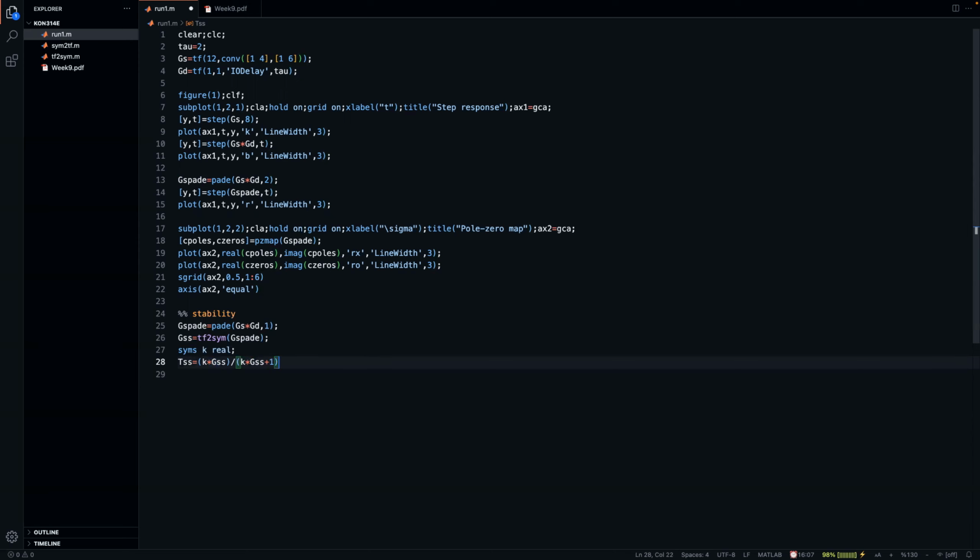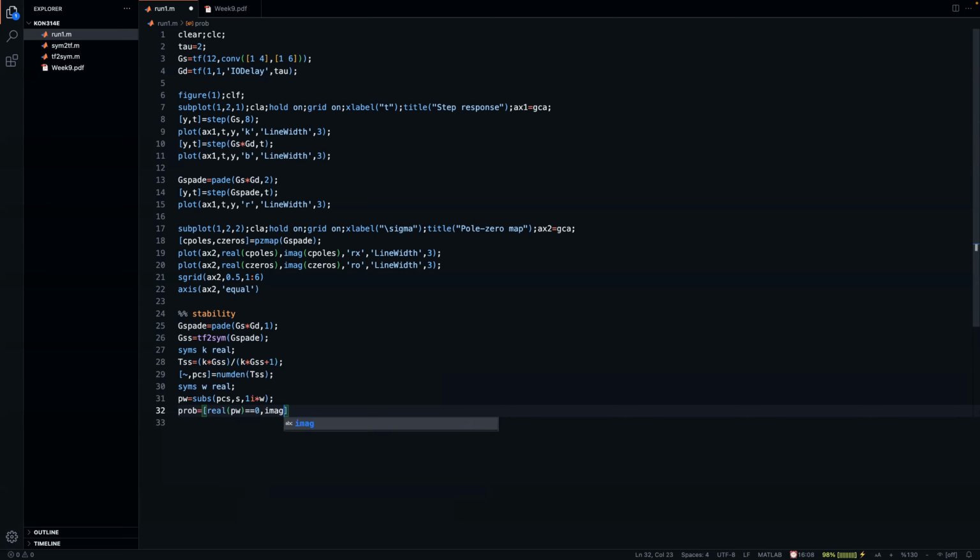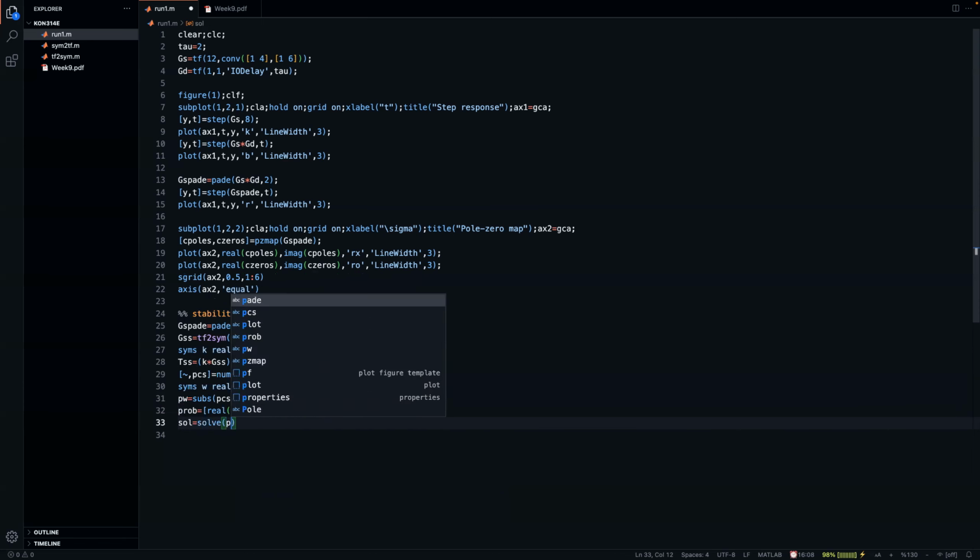divided by, plus 1, and then the numerator, denominator equals num then G(s), and then we need omega. P(omega) is going to be P(s) substituted with 1i times omega, and then the problem is to solve for the real part of P(omega) to be 0, and the imaginary part of P(omega) should also be 0.